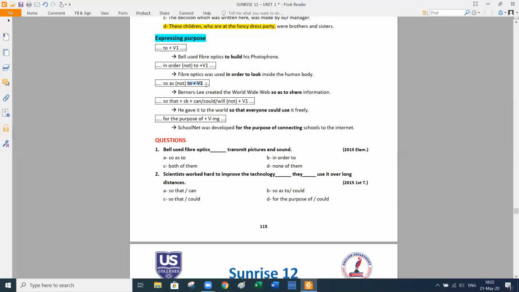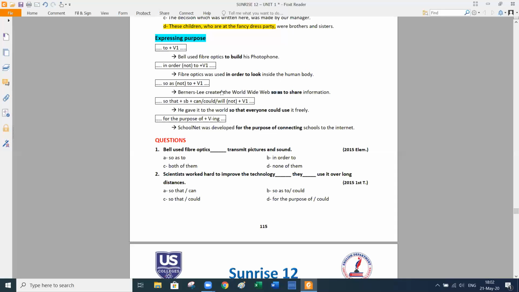For example, Berners-Lee created the World Wide Web so as to share, to plus verb 1 again.